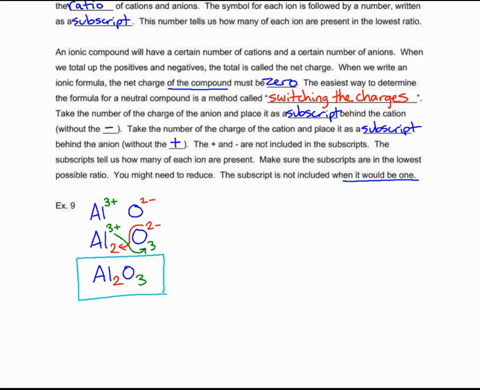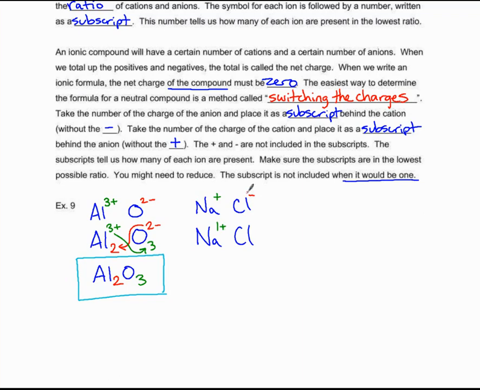So in the next example, we're going to look at sodium and chloride ions. We're going to do the same thing here. What I'm going to do first is write these a little bit differently. So Na plus is the way we would write this, but really what it means is that it has a 1 plus charge.